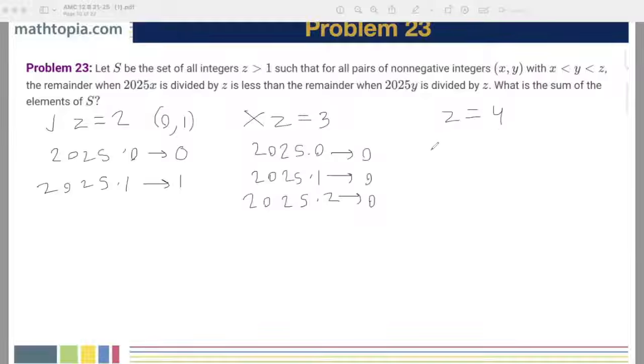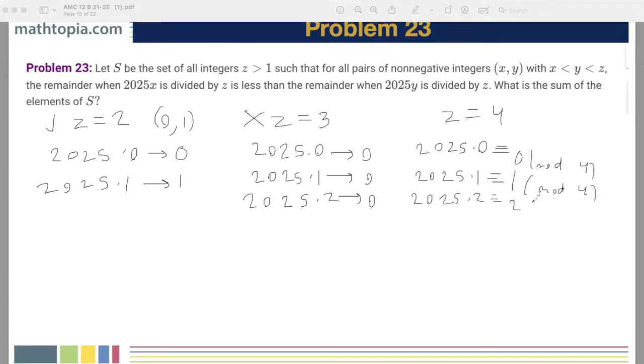Let's try one more number, z equals 4. 2025 times 0 is equivalent to 0 mod 4. 2025 times 1 is equivalent to 1 mod 4. 2025 times 2 is equivalent to 2 mod 4. And 2025 times 3 is equivalent to 3 mod 4.